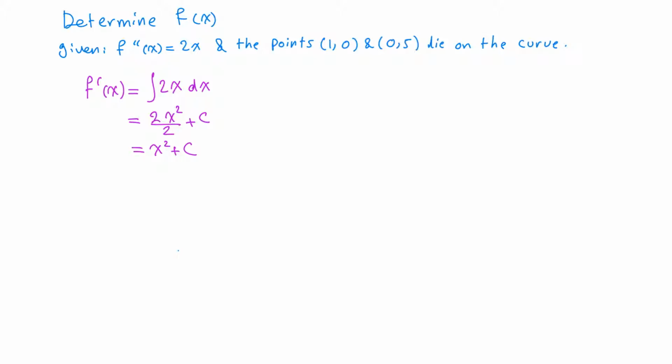Now the question actually wants us to find f of x, and we have f prime of x, and the information that we're given about the question has to do with f of x and not f prime of x. So the next thing we have to do is find f of x. So f of x will equal the integral of f prime of x with respect to x.